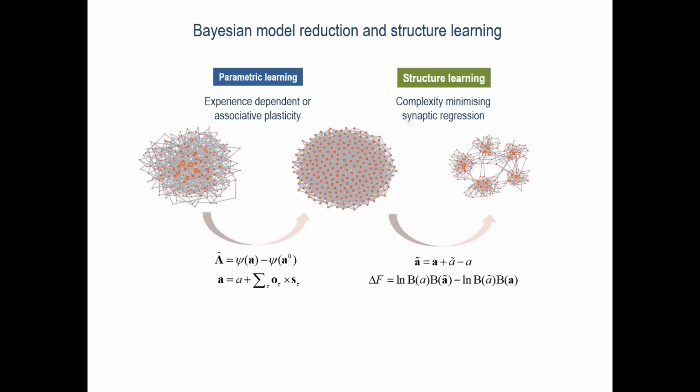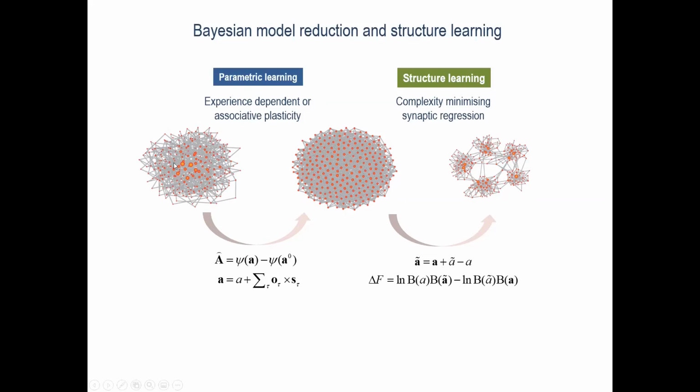In the same way, this is the kind of model reduction or simplification you get from Bayesian model selection or structure learning. So the idea here is that you start off with some over-parameterized network or mapping from the point of view of a generative model.